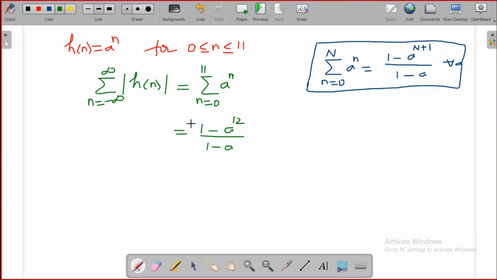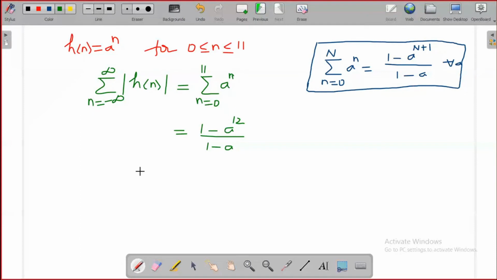Now tell me, is this value finite or infinite? We don't want the exact value for the stability; we need to know whether the complete summation is finite or infinite. If a is finite, this whole term, 1 minus a power 12 by 1 minus a, is finite.